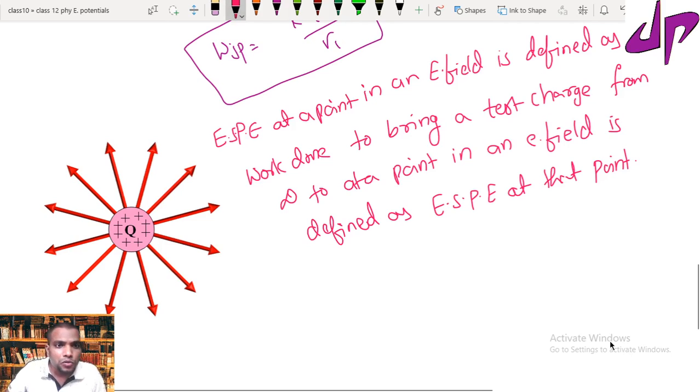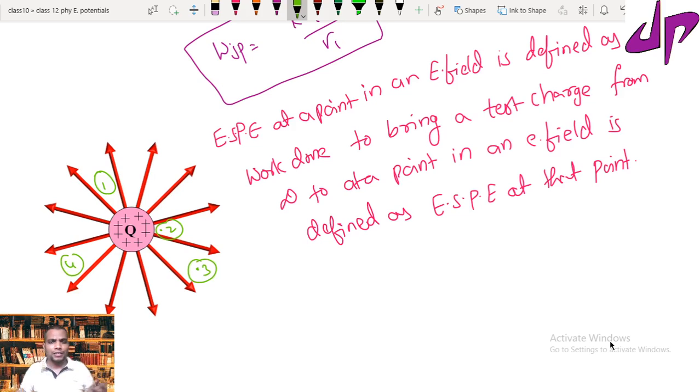If it is a positive source charge, you can take any point in this vicinity, either here or here, any location, 1, 2, 3, or 4. According to the definition, each position has its own potential energy. We write the potential energy formula at that point: k capital Q small q by the distance r.